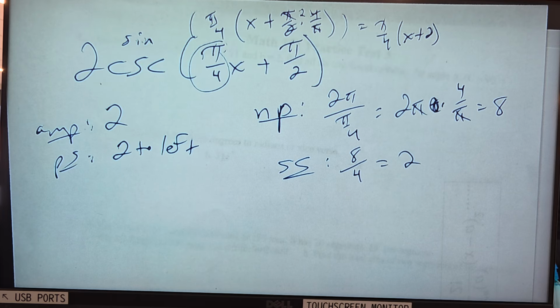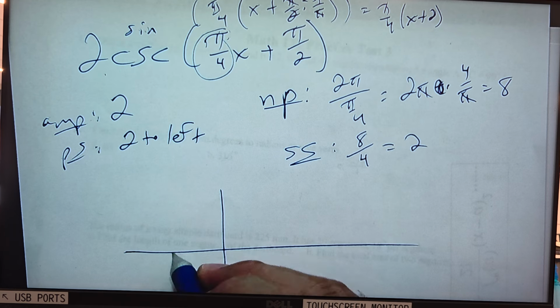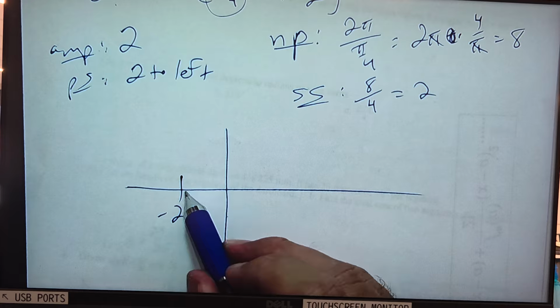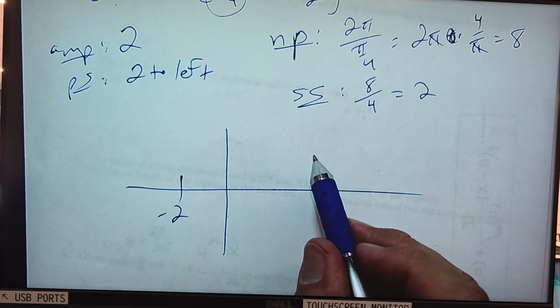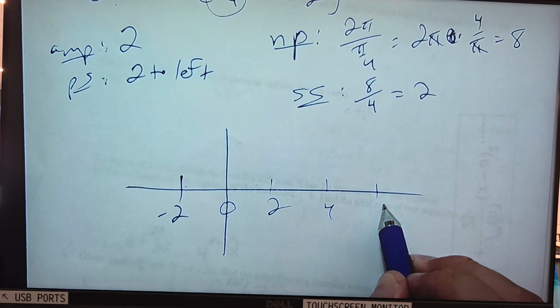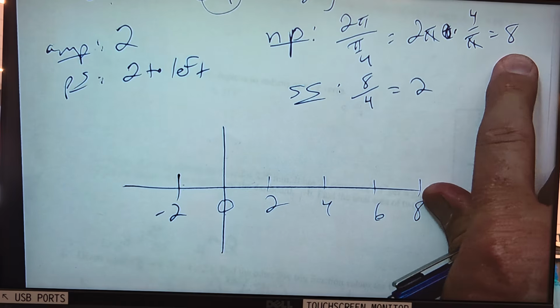But we've shifted that how? To the left. So now I'm going to start at -2. And every step I take is how big? 2. So first step goes to 0, next step goes to 2, 4, 6, 8. So I end where I'm supposed to.